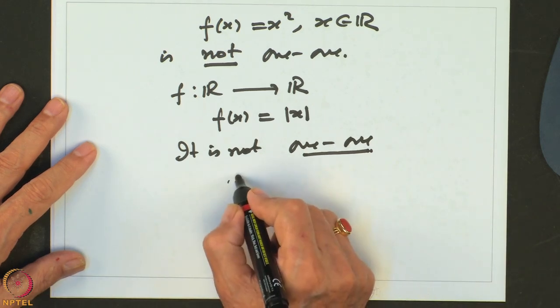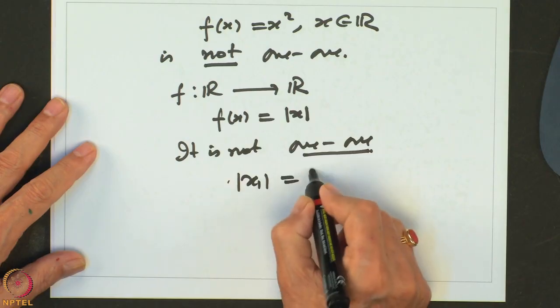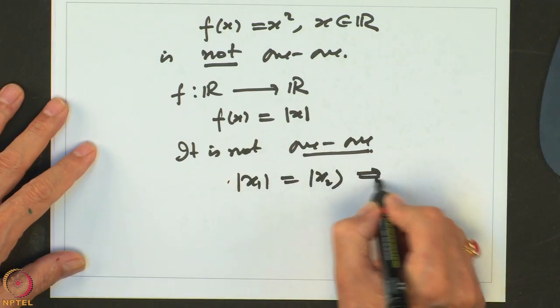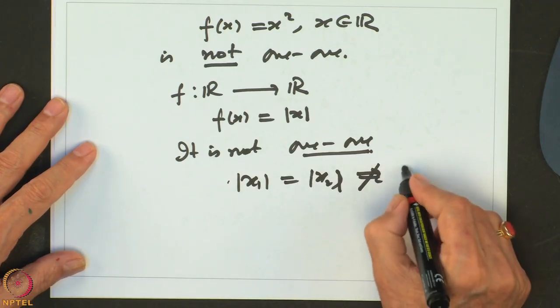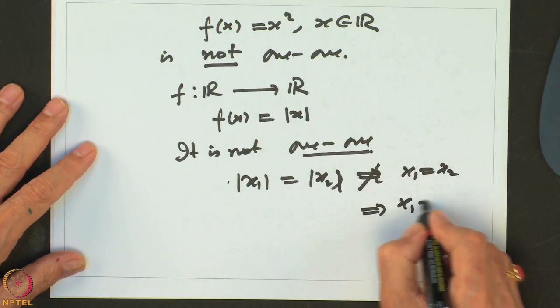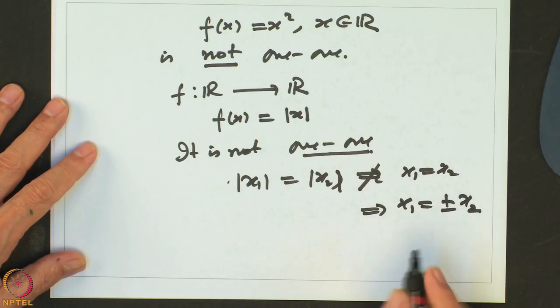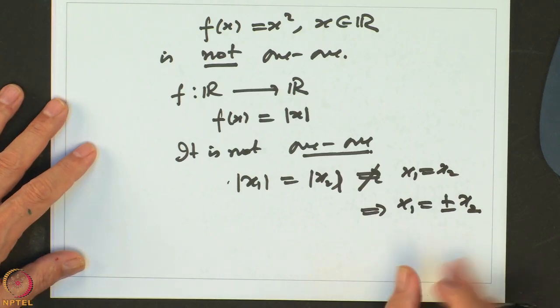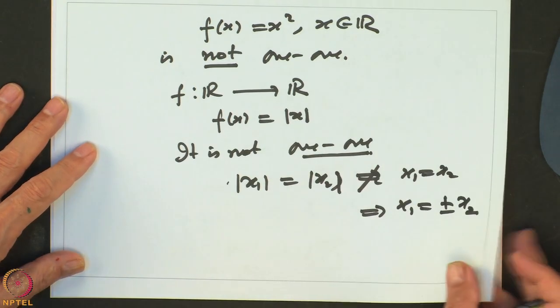For example, mod of x1 equal to mod of x2 does not imply x1 is equal to x2. It only implies that x1 is equal to plus or minus x2. So, this is not a one-one function, right.